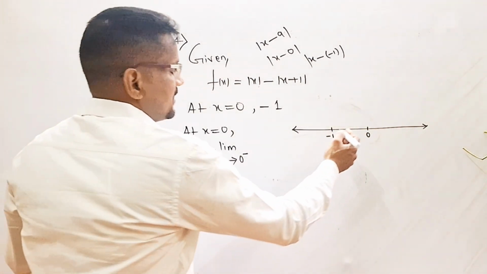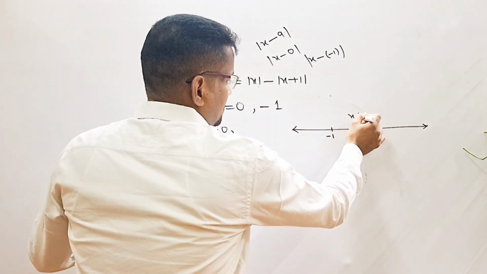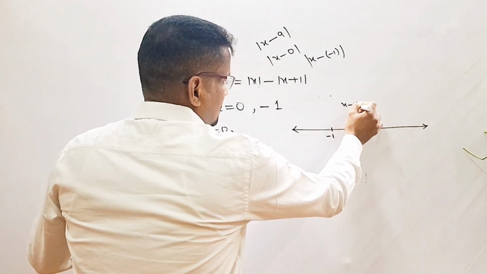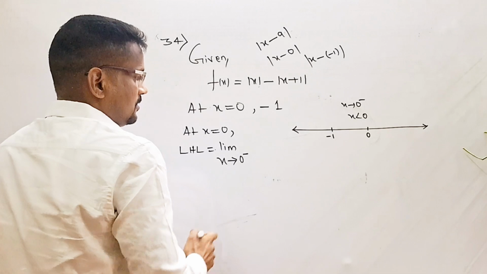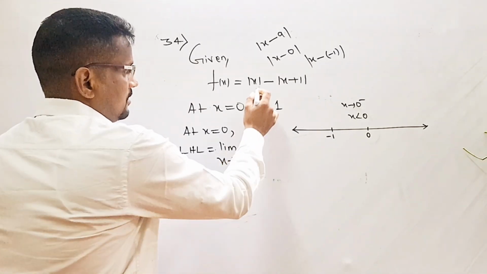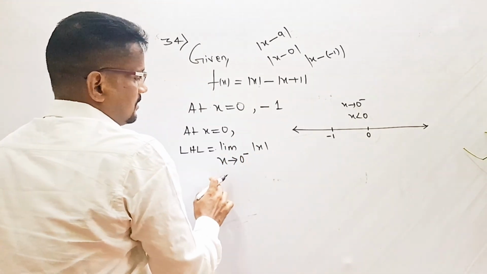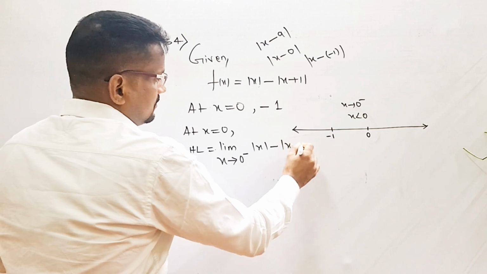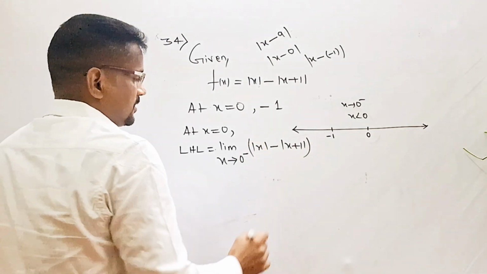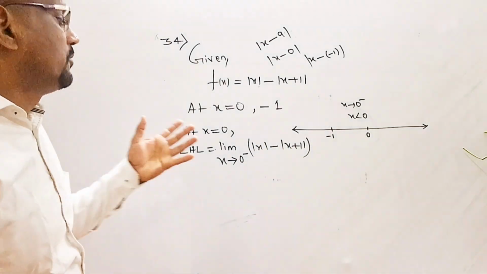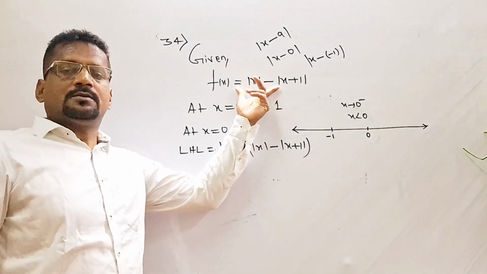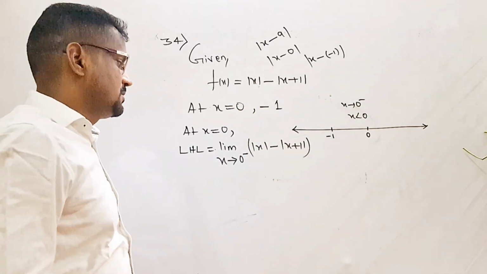So x is less than 0 in this case. f(x) is modulus x minus modulus of (x plus 1). So we are going to find the left hand limit of this function f(x).